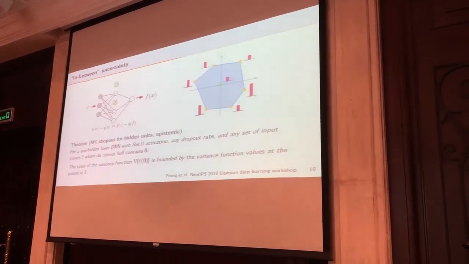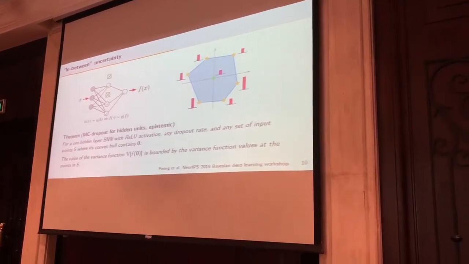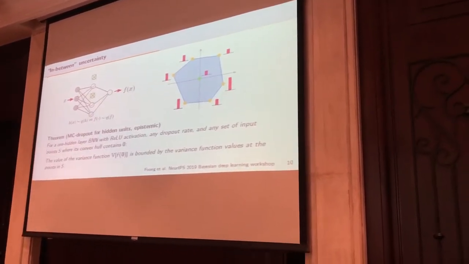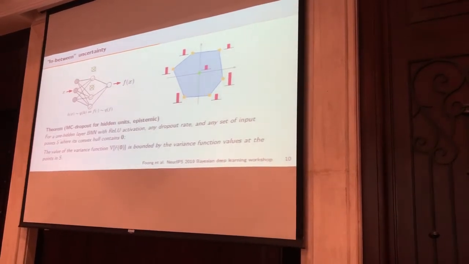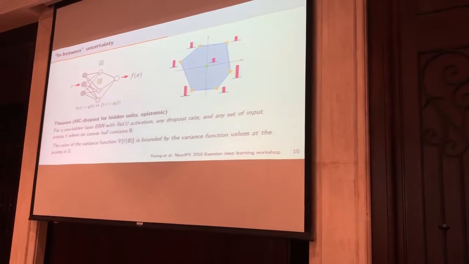Let's see MC dropout. MC dropout is kind of weird, but we have this result saying that, again, this is a one hidden layer Bayesian neural network with radial activation. Let's say you do MC dropout with any rate.